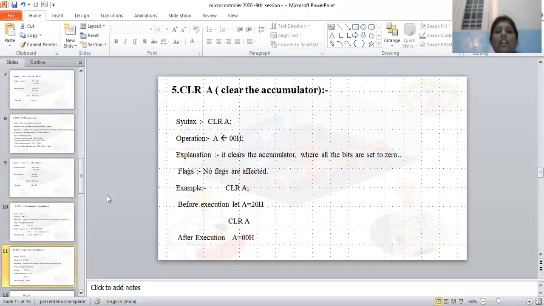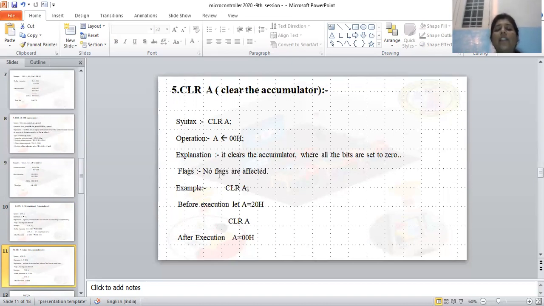Next, we'll move on to the next instruction of the logical instruction set, that is CLR A, clear the accumulator. The syntax is CLR A. It will clear the accumulator content, that means it will copy 00H into the accumulator.